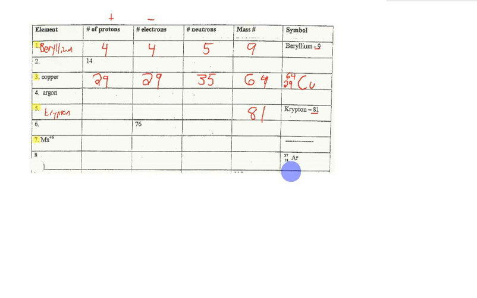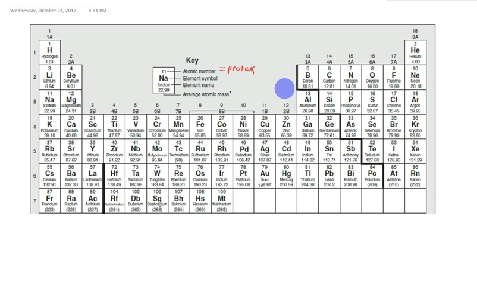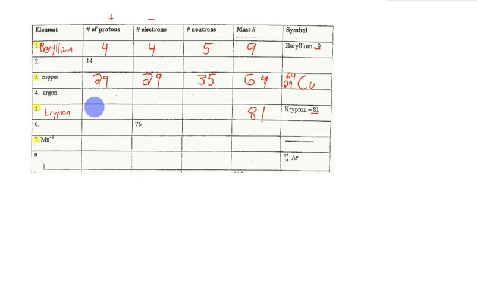If it says it's 81, it's 81. Krypton has an atomic number of 36, so 36 protons. It's a neutral atom, no ion charge anywhere, so 36 electrons. And to determine the neutrons, it's our mass minus our protons. 81 minus 36 is 45.